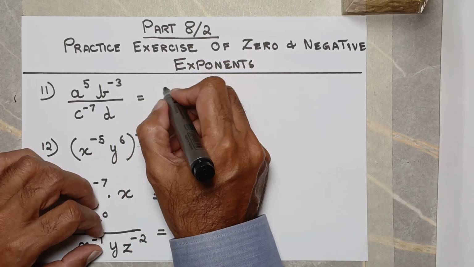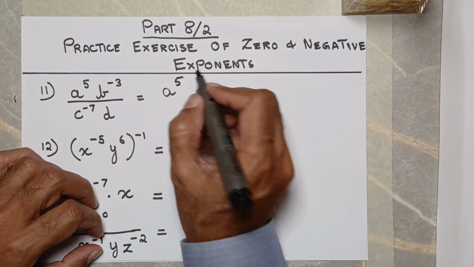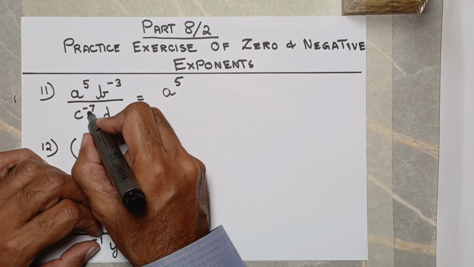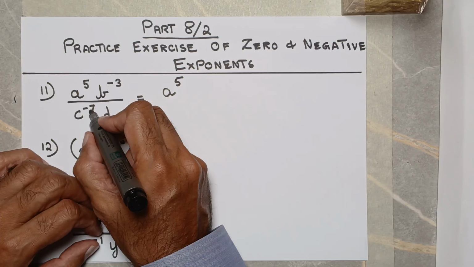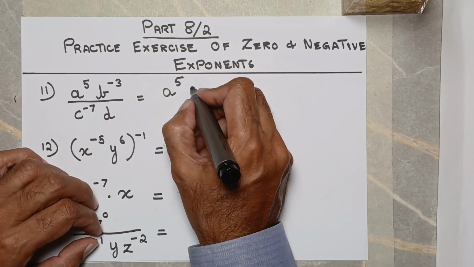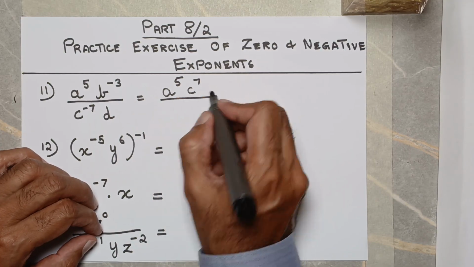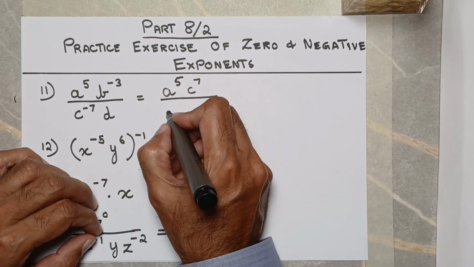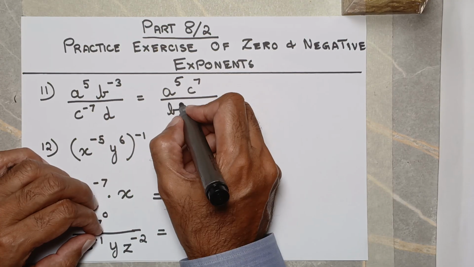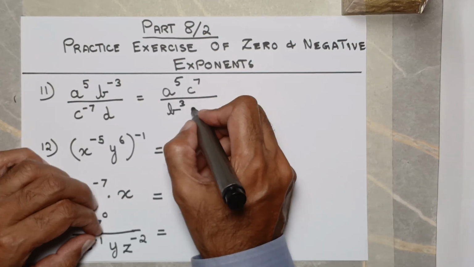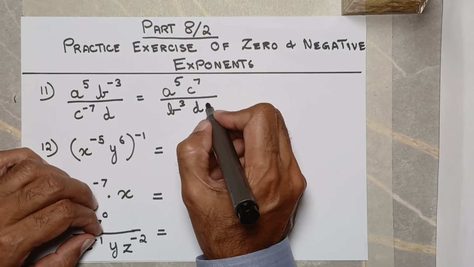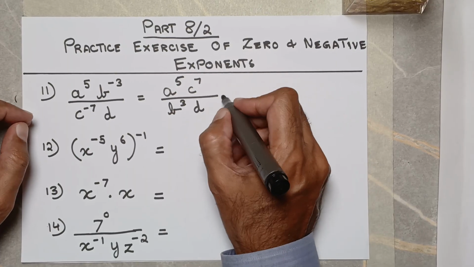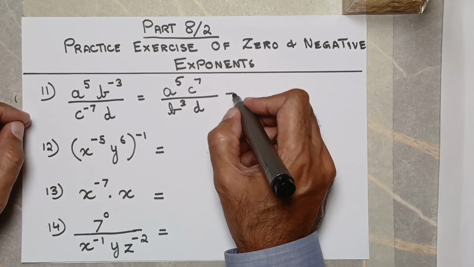How? When we shift c raised to the power minus 7 towards the numerator side, it will become c to the positive 7, c7, along with a raised to the power 5. When b raised to the power minus 3 goes down to the bottom, it will become b raised to the power 3, and we will leave d as it was in the previous position.